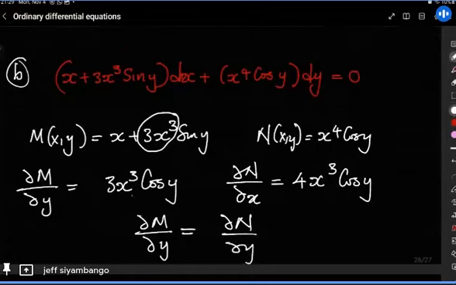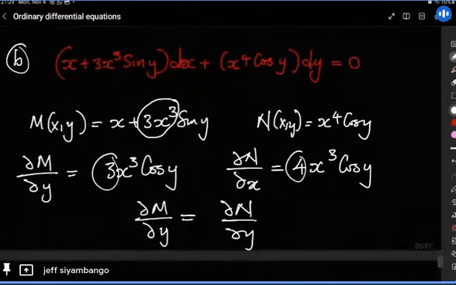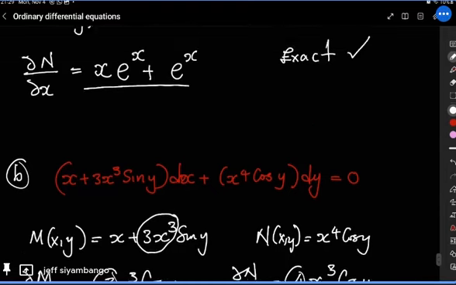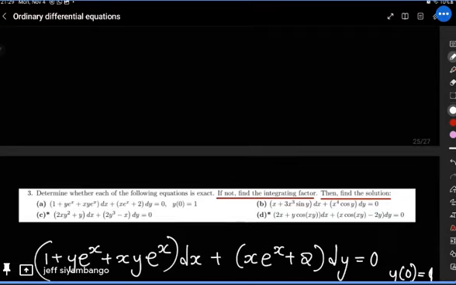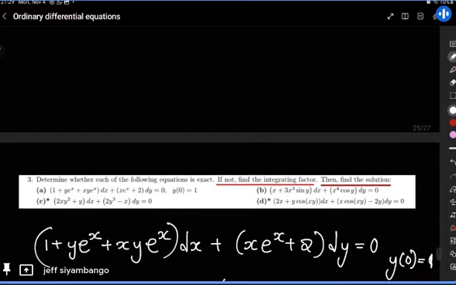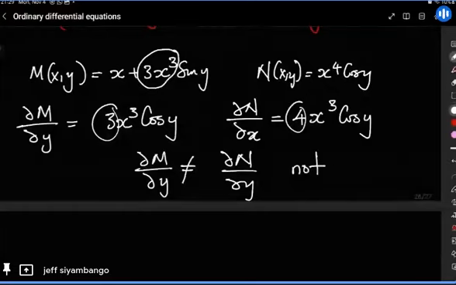Well, this one has a 3 here, this one has a 4 here. Based on that, the two expressions are different. Did I copy them wrongly? Yeah, this one is x^4, and this one is 3x^3 there. So yes, the two expressions are not the same, so not exact. So for this one, to work it out, we'll have to find the integrating factor.